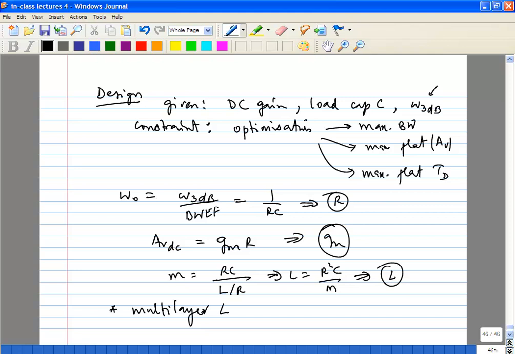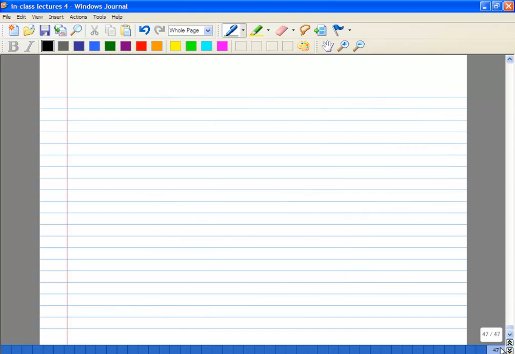But remember, once you start making thinner and thinner traces, automatically your self-resonant frequency will go up. So it is very common to use multi-layer inductors.